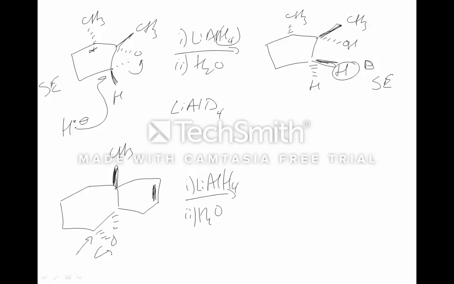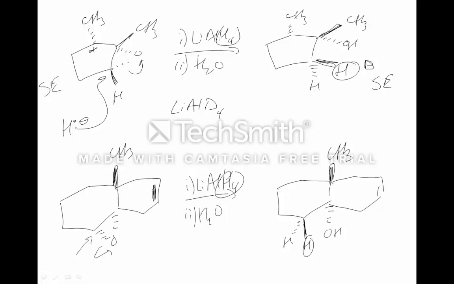It's going to open up at the less sterically hindered position to give an alcohol after protonation, and again the H from the lithium aluminum hydride came from the front face. Okay? So you get that product, and that's reduction. Okay, so we're done with reduction.